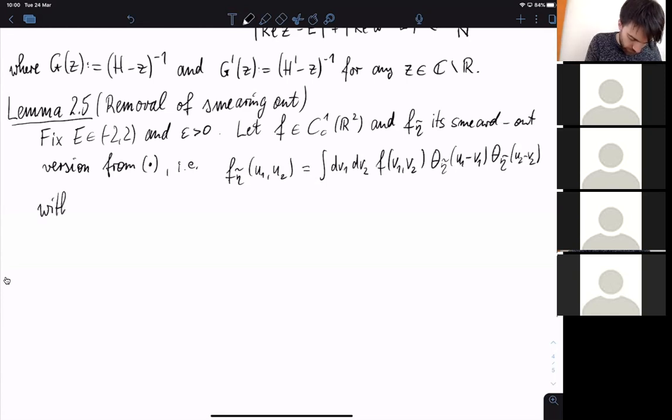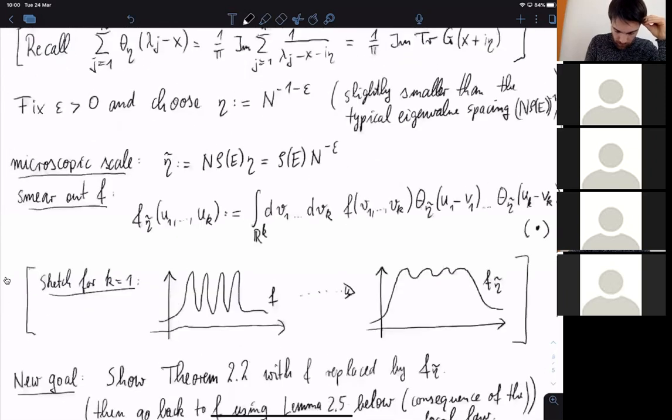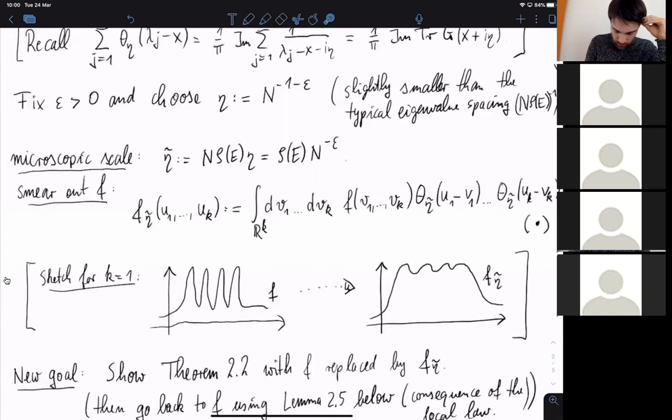And yes, before the eta tilde, no, the eta tilde is not the eta tilde we had before. It was n to the minus epsilon times. So the eta tilde is, well, it's n rho(E) times eta.